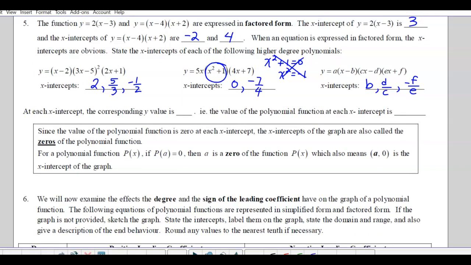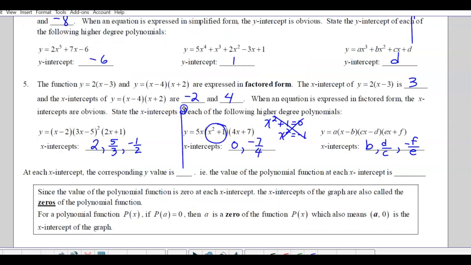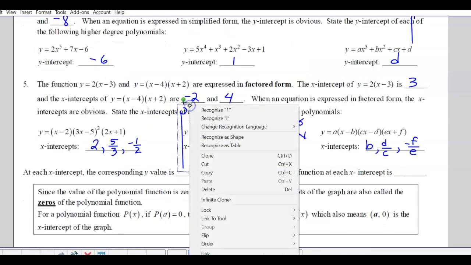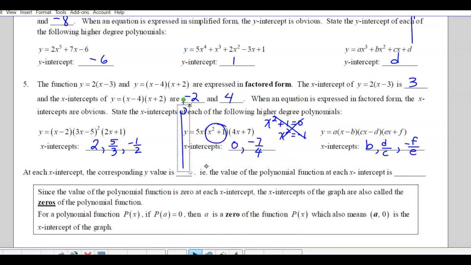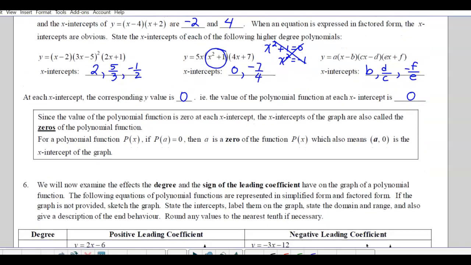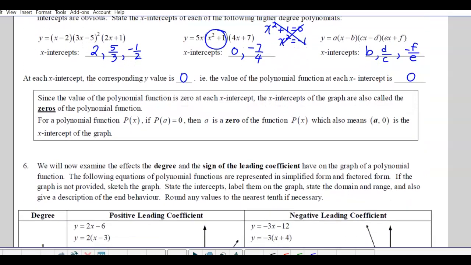So obviously at each x-intercept, the corresponding y value is 0. So the value of the polynomial function at each x-intercept is 0. That's why if you're dealing with a function, it's called a 0 of the function.